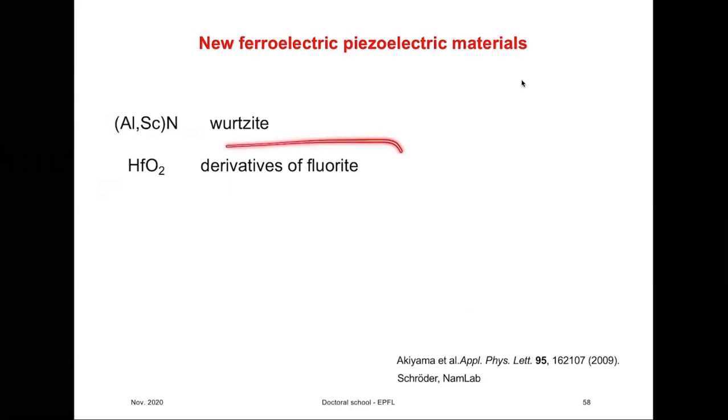So if you're interested in hafnium oxide, it's a derivative of the fluorite structure. The fluorite structure is, I think, Fm3m, so it's not piezoelectric. And the group in the NaMLab in Dresden has done a great job in first discovering ferroelectricity in this material. Of course, the structure is no longer fluorite, but it's based on that, and that ferroelectricity appears in very thin films.